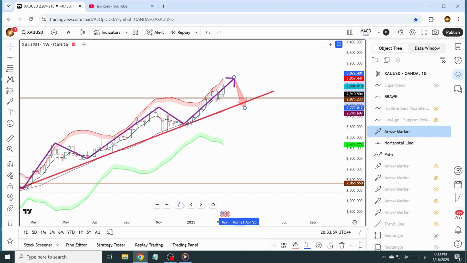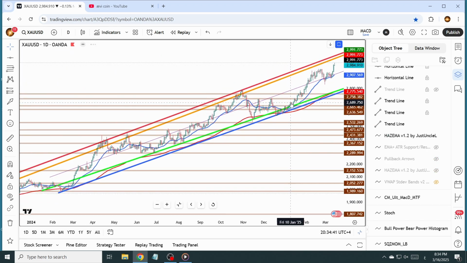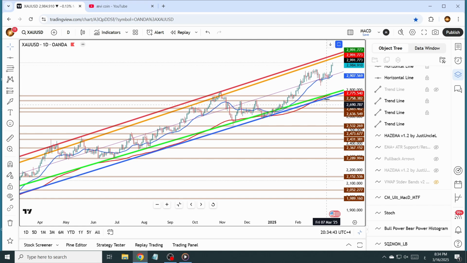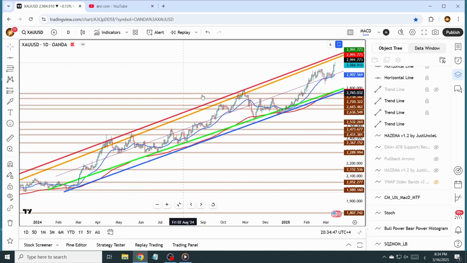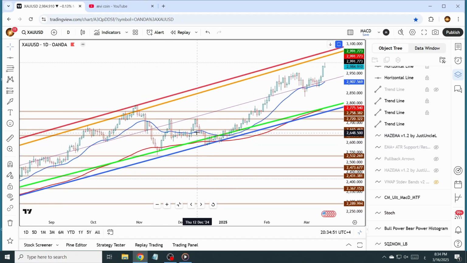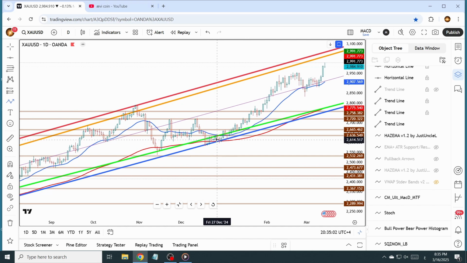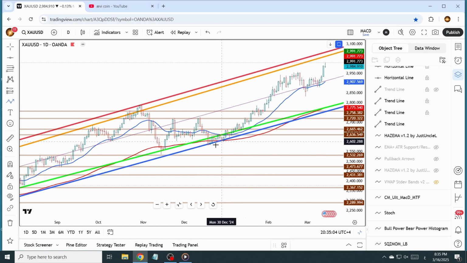Now let's go to the other chart. On this chart, we can see how gold is trading in this channel, and the last support was from this area here.